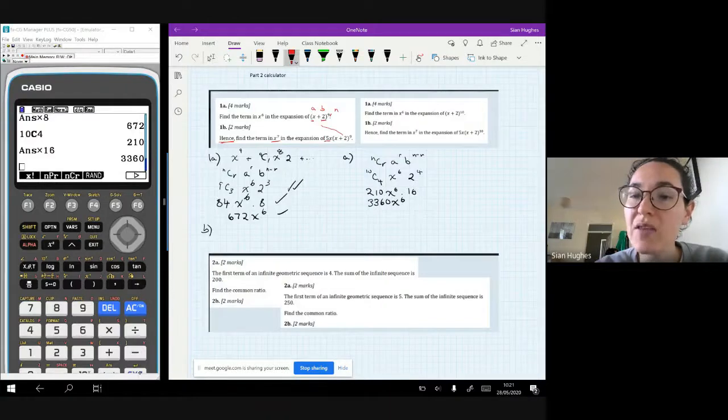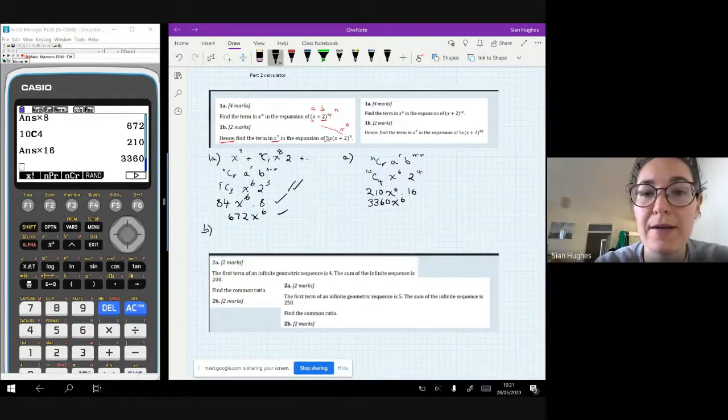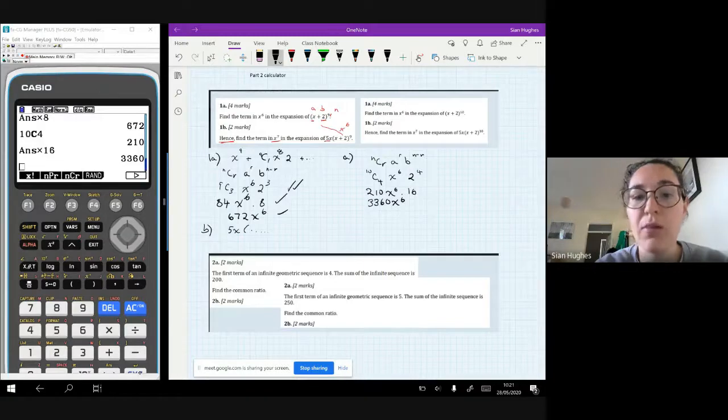So whatever is in this bracket, the power of x will go up by 1 when it's multiplied by 5x, which means we're interested in the x^6 term in this bracket, which is what we already got from part A. So although this question really means 5x times lots of terms, the x^9, this first term, and so on, including our 672 x^6, we're only interested in these bits here.